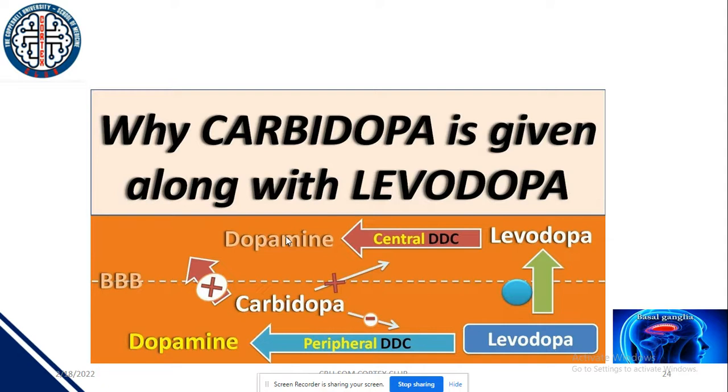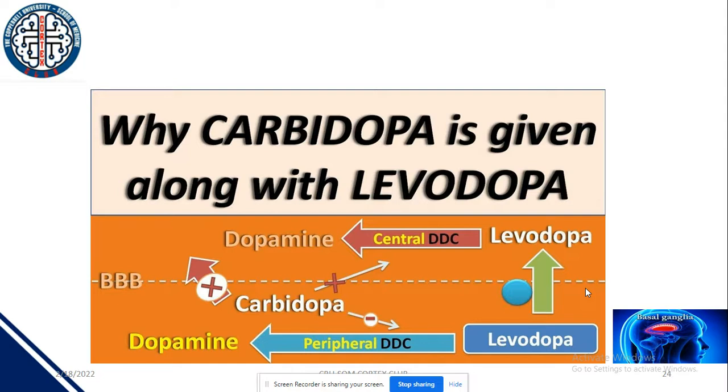The dotted line here is the blood-brain barrier, BBB. Now, dopamine can't cross the blood-brain barrier due to its molecular weight. But levodopa usually crosses the blood-brain barrier without much difficulty.